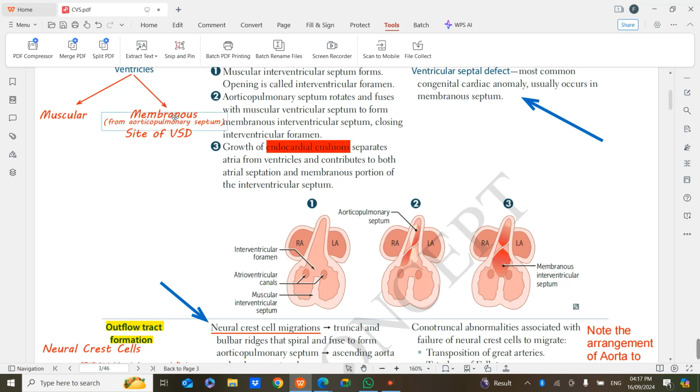Now, apart from where the membranous portion is formed from, is there another thing you want to take into the exam? That is the site of ventricular septal defect. The same ventricular septal defect you've all heard about. This is the site. So they can just give a question about a patient that has, let me say, holosystolic murmur that is heard at the tricuspid area.